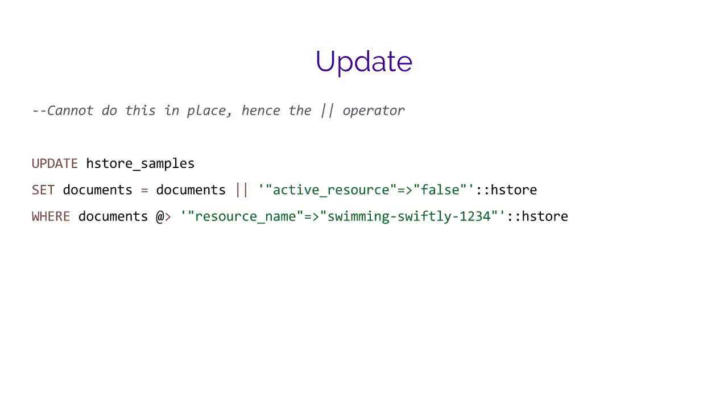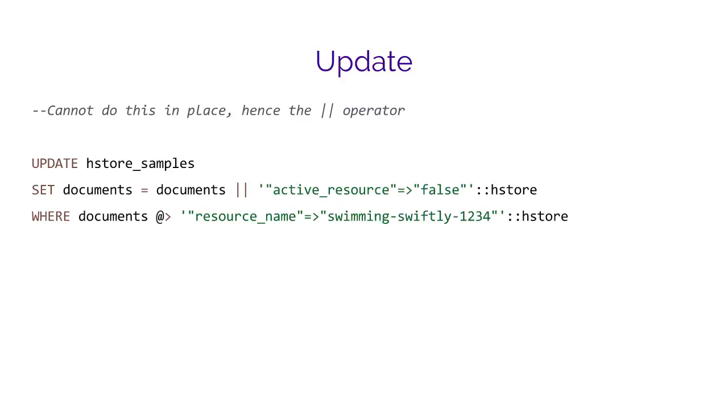So I am setting documents equal to documents, concatenating this. Where, and here's my containment operator. So I'm checking where in that string resource name of this value is contained. I want to concatenate this string where this string is contained within that field.